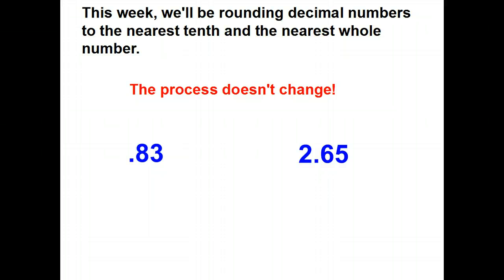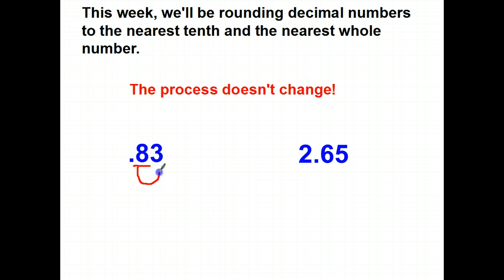So this week we'll be rounding decimal numbers to the nearest tenth and the nearest whole number. The good thing is you know how to do this because the process doesn't change. So if I'm going to look at 83 hundredths and I want to round it to the nearest tenth, I'm going to do what I've been doing. I'm going to go to the digit we're talking about, in this case tenths, and I'm going to underline it.